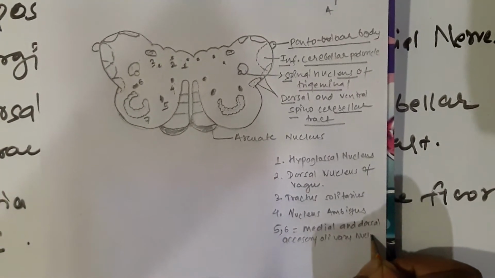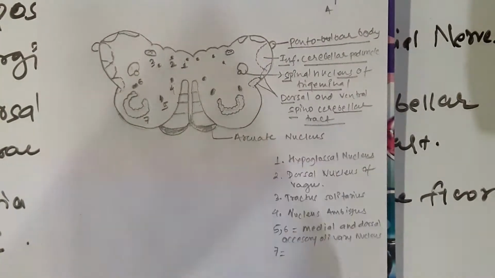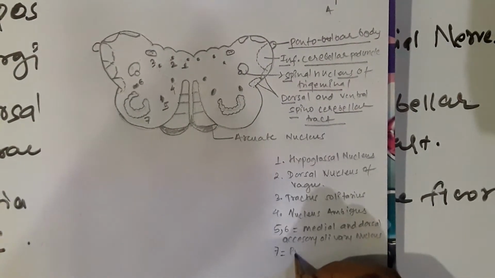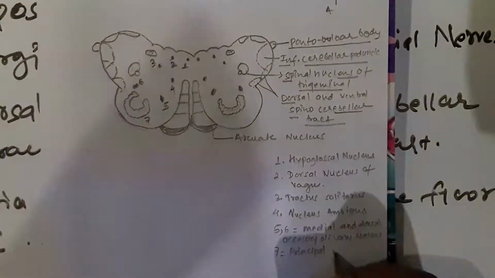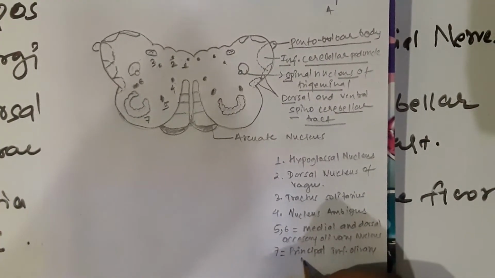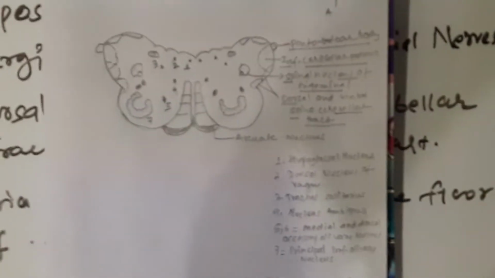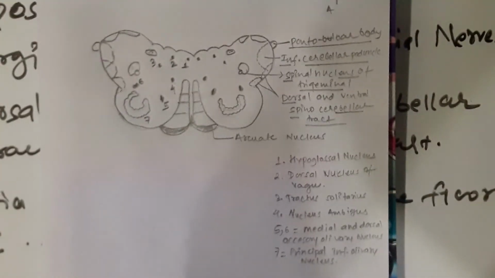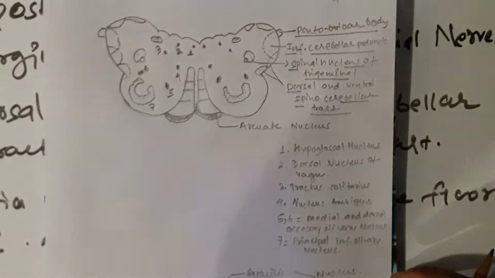Yes or no? And our seventh one is the inferior olivary nucleus, the principal inferior olivary nucleus. So I hope you are clear with the labels and the diagram.